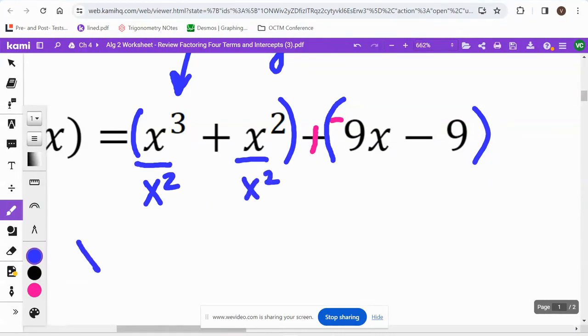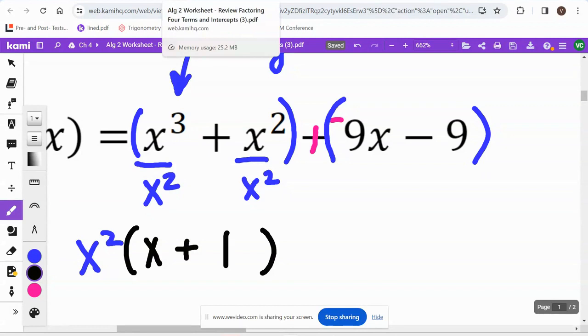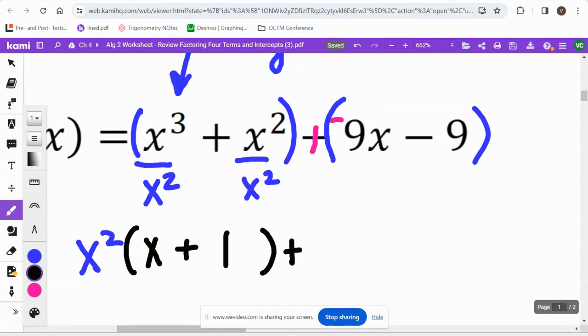So I'm going to put x squared in front of a parenthesis. And then we do division, which we were reviewing last time I saw you guys. X cubed divided by x squared. What do I have left? X plus 1. When I divide the exact same thing by itself, that's 1. That's not 0. It doesn't go away. That's 1. All right, then I'm going to bring my plus sign.